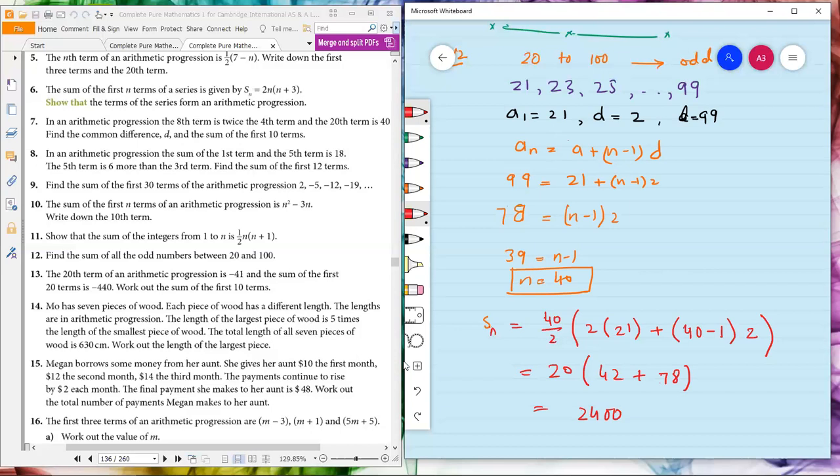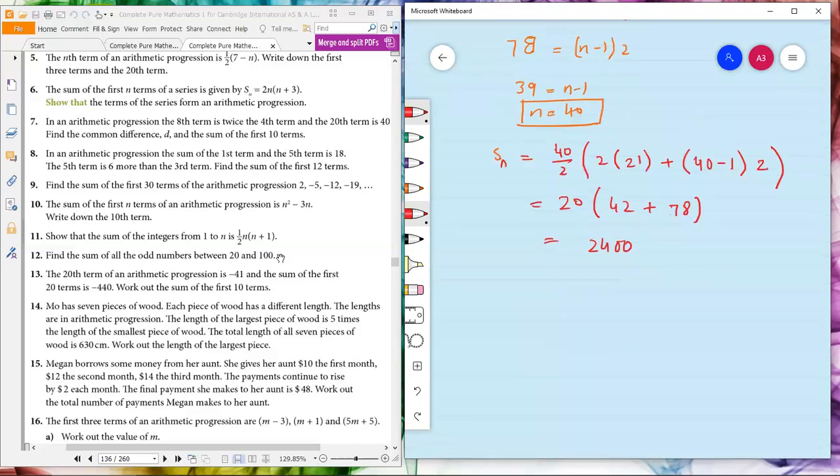The sum of all odd numbers between 20 and 100 is 2400.